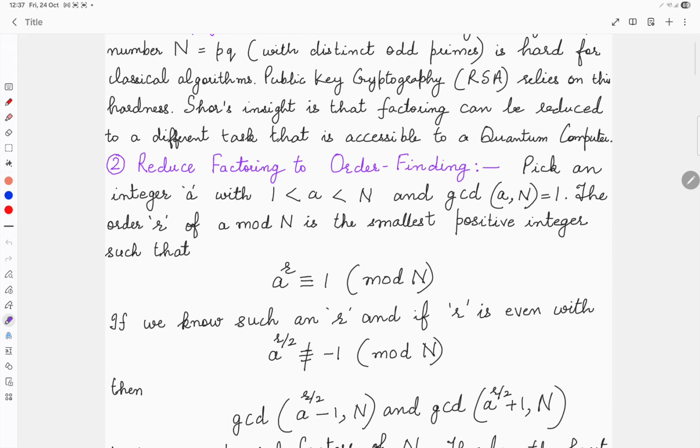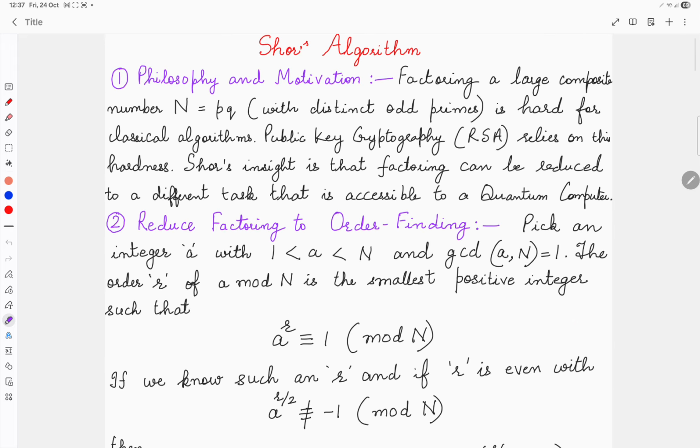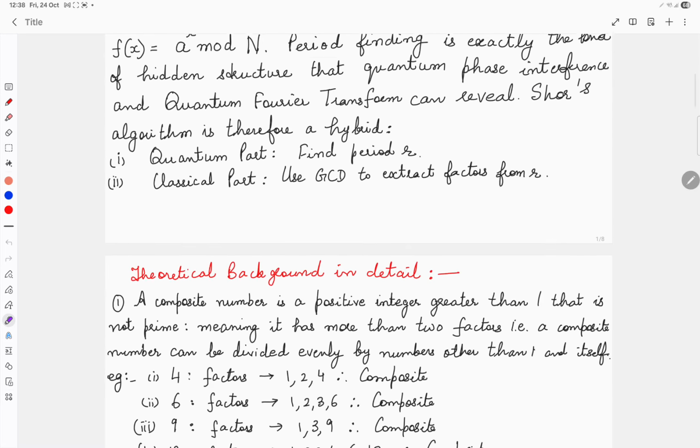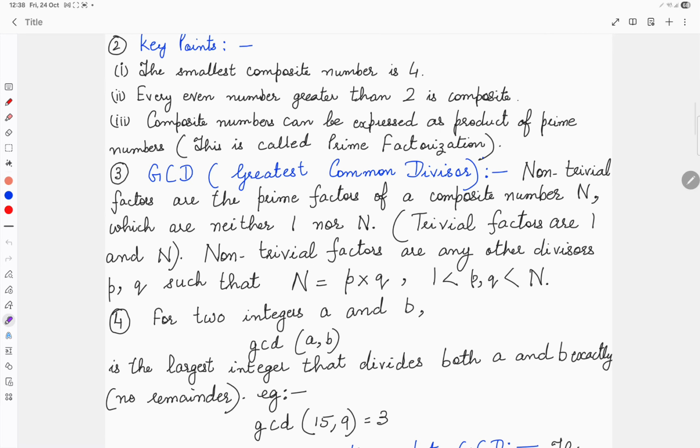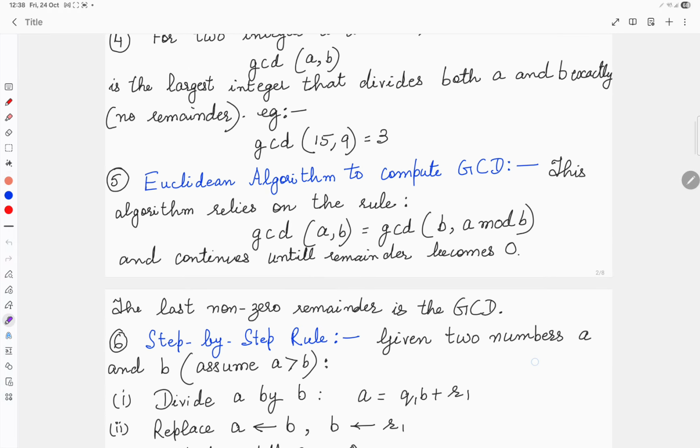As far as Shor's algorithm goes, the starting point is we have two numbers, capital N, and another number we will choose between A and N. That number is A. So therefore we have two numbers, A and capital N. P and Q we have to find at the end of the algorithm.